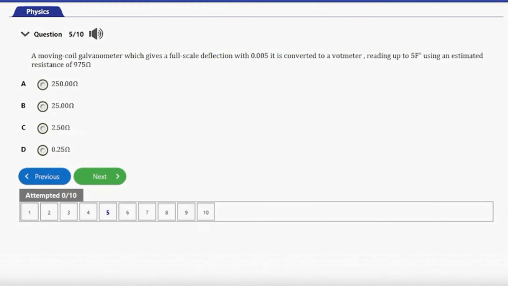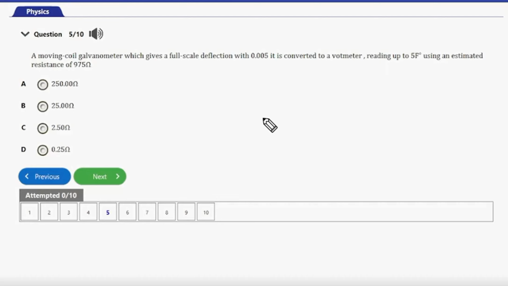So question number 5 here says, a moving coil galvanometer which gives a full scale deflection with 0.005 A, the current here, is converted to a voltmeter reading up to 5 volts.